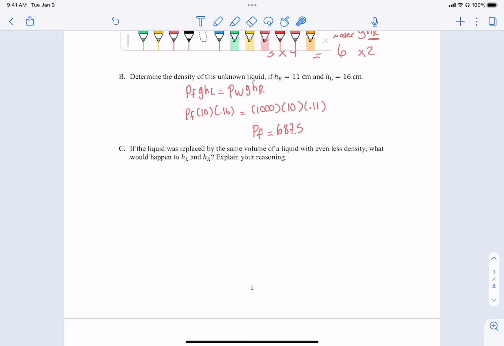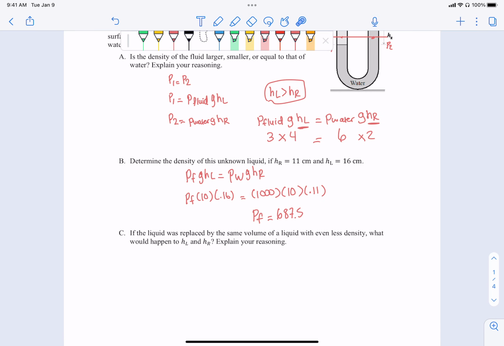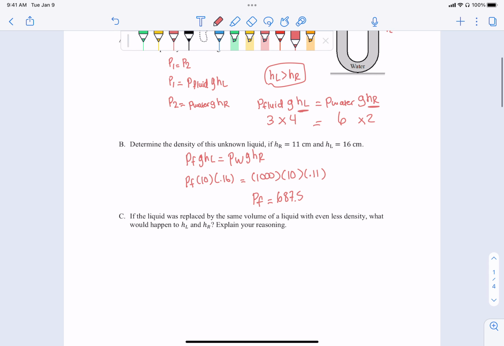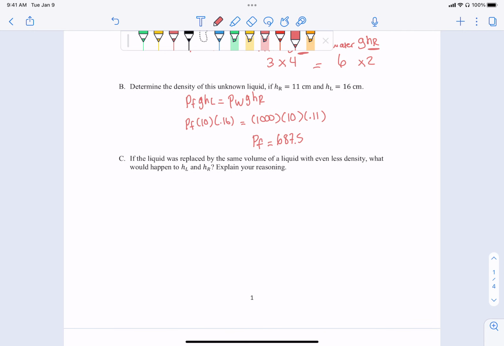Anybody have any ideas or would like to explain? This is pretty similar to what we were doing here, except now we're manipulating the heights. So we have two increases and one person who's not sure, so I can walk us through it.